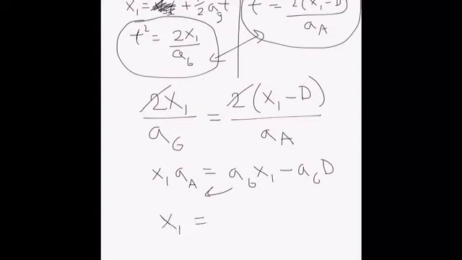So x1 is going to equal negative, because we still have this negative here, AG, George's acceleration, times the distance, divided by this factored term, AA minus AG. So that's going to be our final equation.